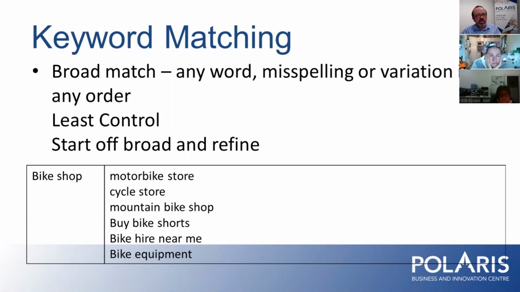A broad match is a match where pretty much any search that contains one of the words in your match or a misspelling or a synonym could possibly trigger the display of your ad. So this is a really broad level of matching. It's going to bring you a lot of potential traffic, but it also means that that traffic isn't necessarily warm traffic.